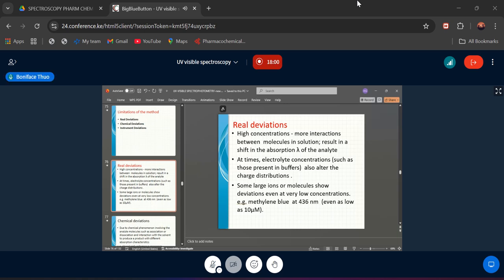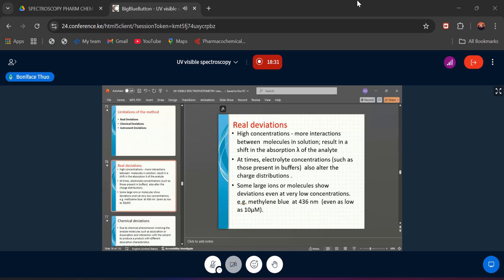And these concentrations could be a result of the molecules themselves or other materials incorporated in the solution to facilitate the analysis. So even buffers that are used to maintain a particular pH, which is a necessary condition in some cases, can alter absorbance.